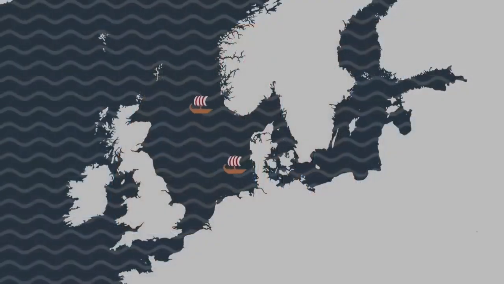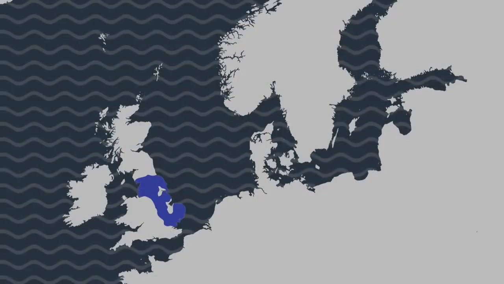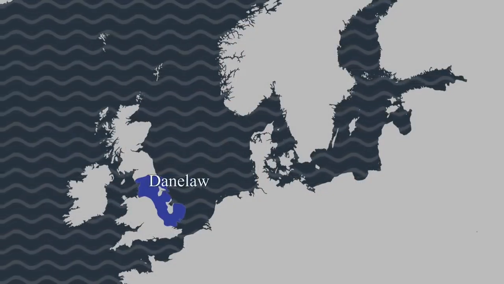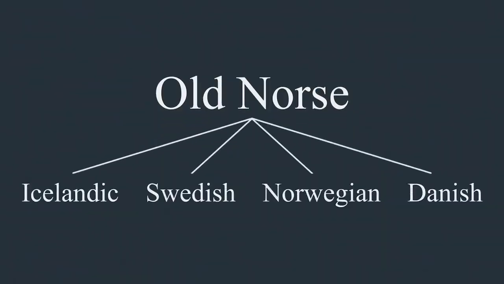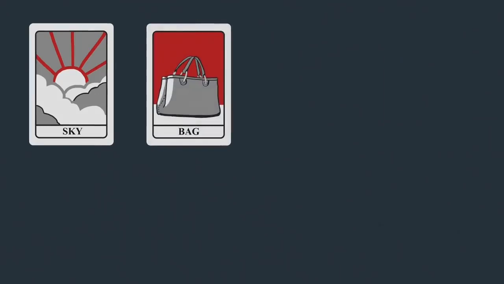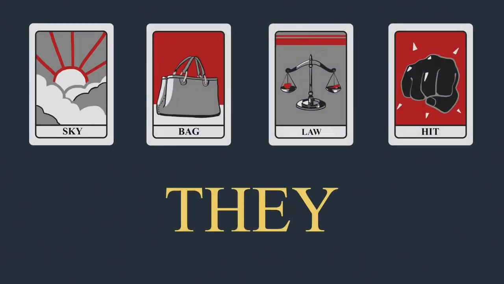Norsemen from Norway and Denmark invaded the north of England, and even set up a kingdom of their own called the Danelaw. These Vikings spoke a language called Old Norse, which is the ancestor of the modern Scandinavian languages. Its influence on English was mostly vocabulary, with words like sky, bag, law, hit, and even they coming from Old Norse.